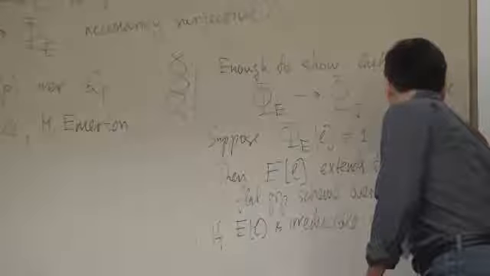Now, if E[L] is irreducible as a Galois module, then you get a contradiction by a theorem of Ribet, the famous level lowering.